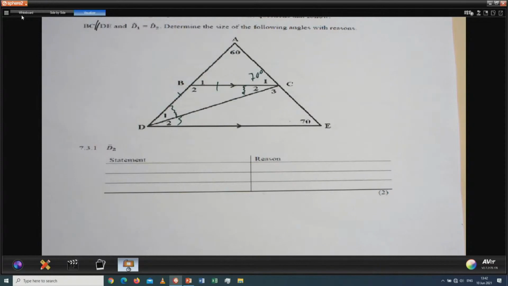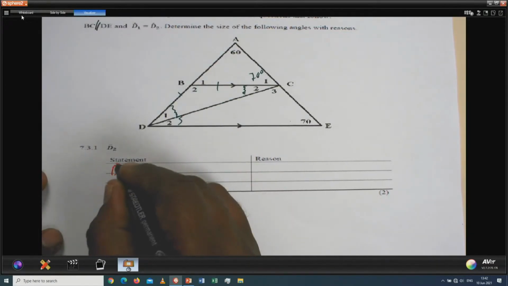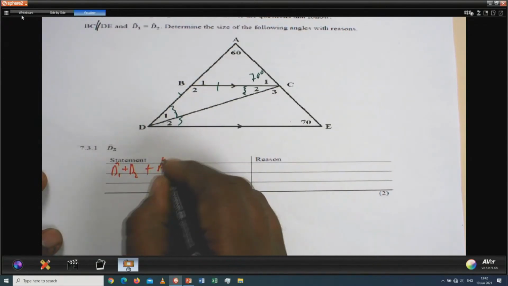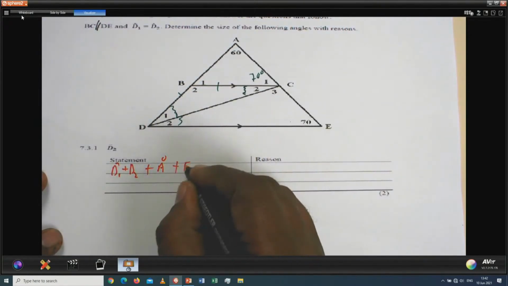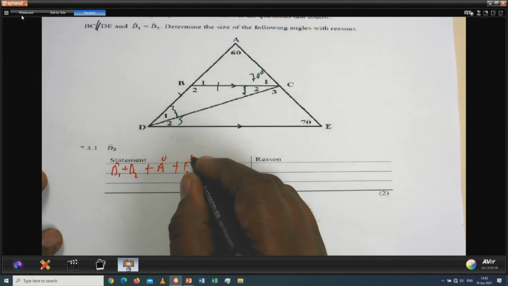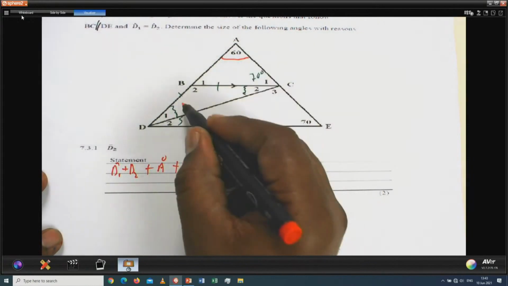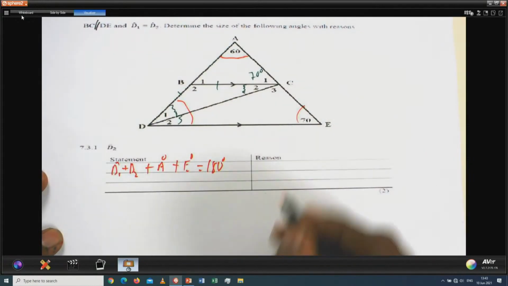The only way is to say, okay, where are D1 and D2? The relationship again. D1 plus D2 plus A plus E equals 180 degrees. Why? Angle, angle and angle.